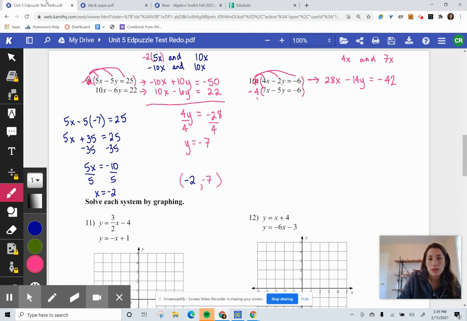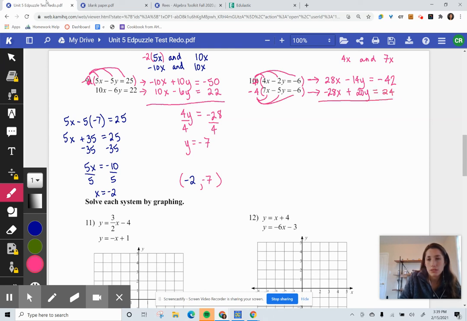And then we have negative 4 times 7, that's negative 28. Negative 4 times negative 5 is positive 20. And negative 4 multiplied to negative 6 is 24.